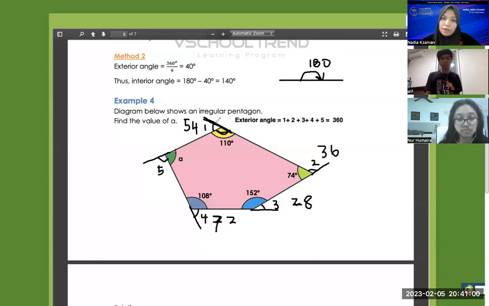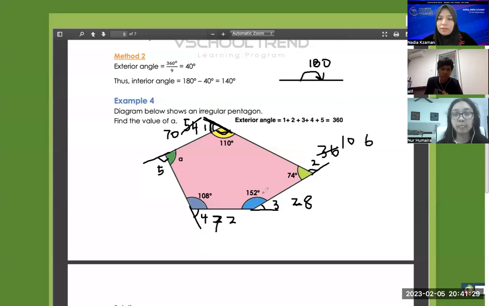So what will be the other side? It's supposed to be 70 here. So 180 minus 110 gets 70. That is correct. How about number 2? 106. Yes, you had it correct, Alif. And this one, 22, is also correct.